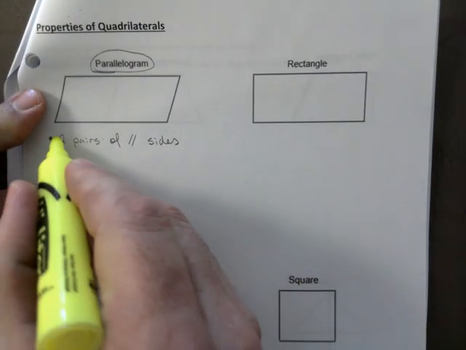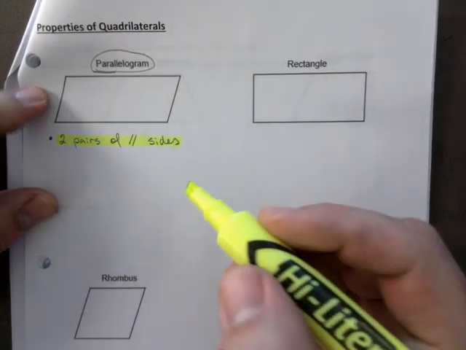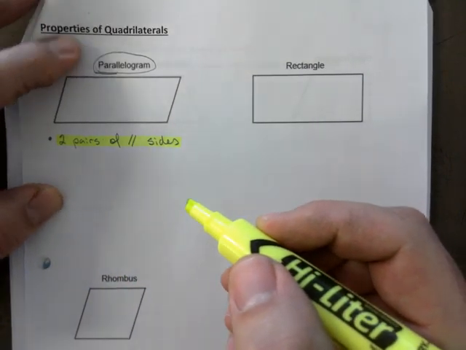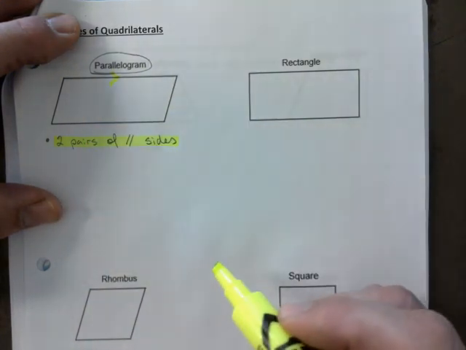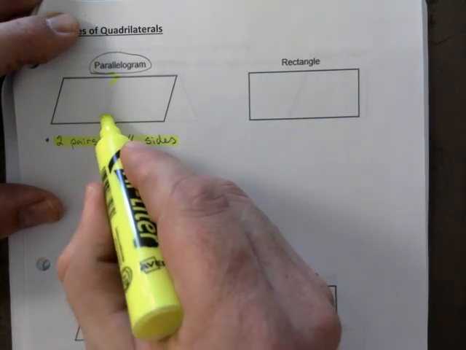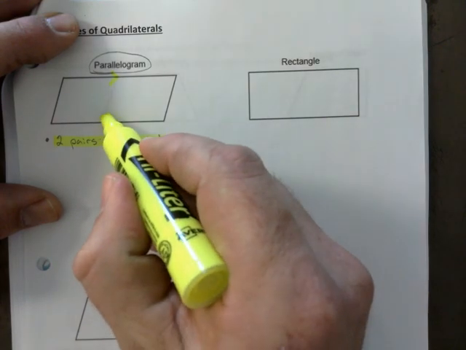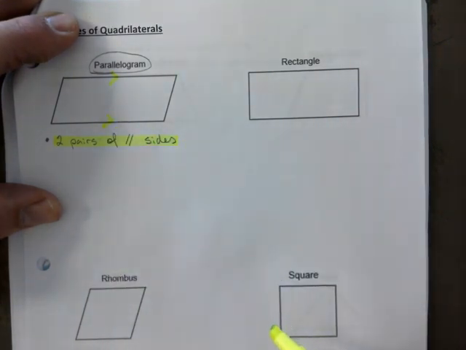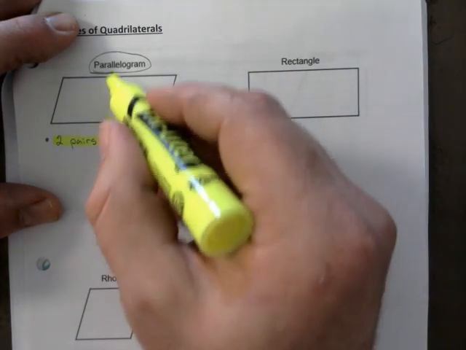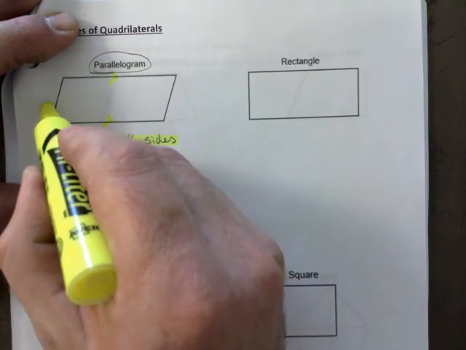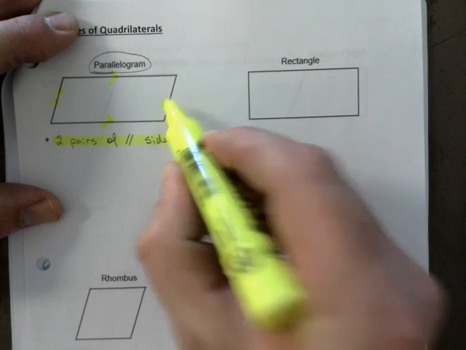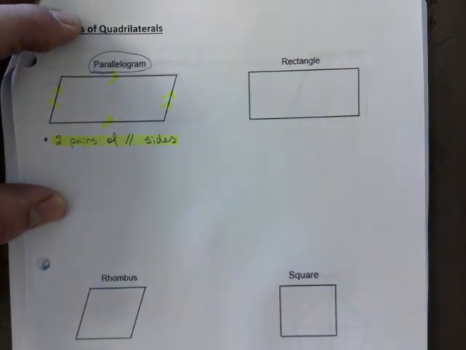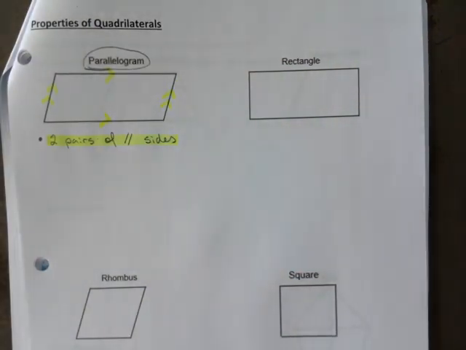So two pairs of parallel lines, I'm going to highlight that like this. And this is how we're going to denote that. This side is parallel to that side. So we actually go arrowhead. We introduce that arrowhead there. That's one pair. And then there's another pair right here. Let's do that for all of them.